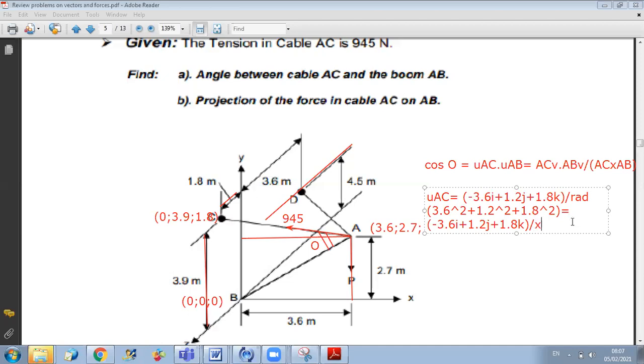Now for the unit vector of AB, I'll do the same. It's much simpler because B is 0, 0, 0.